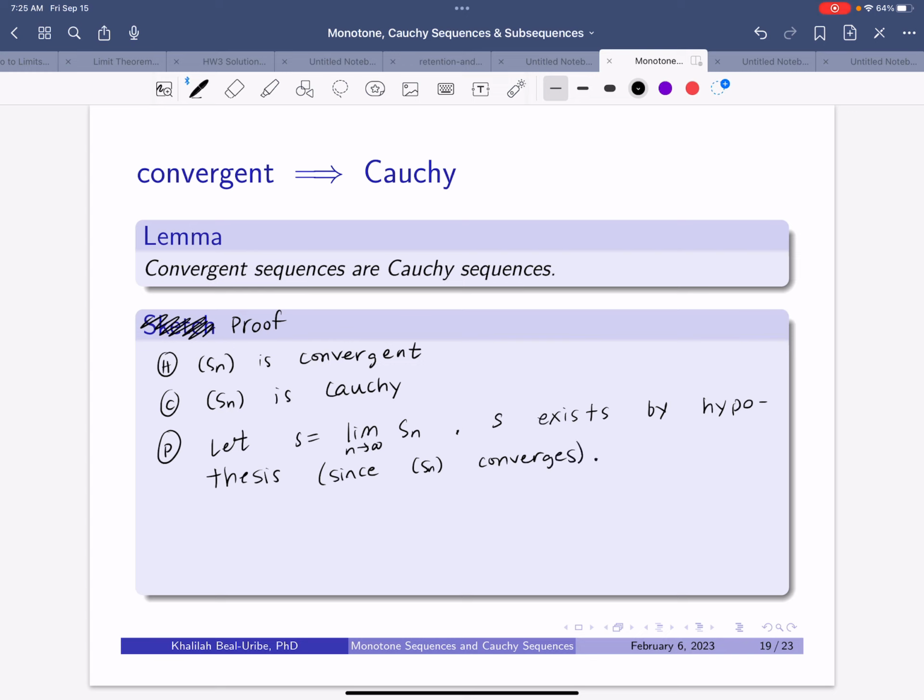Now fix epsilon greater than 0. Since Sn converges to S as n goes to infinity, there exists an index N such that little n bigger than N implies the distance between Sn and S is less than epsilon over 2.